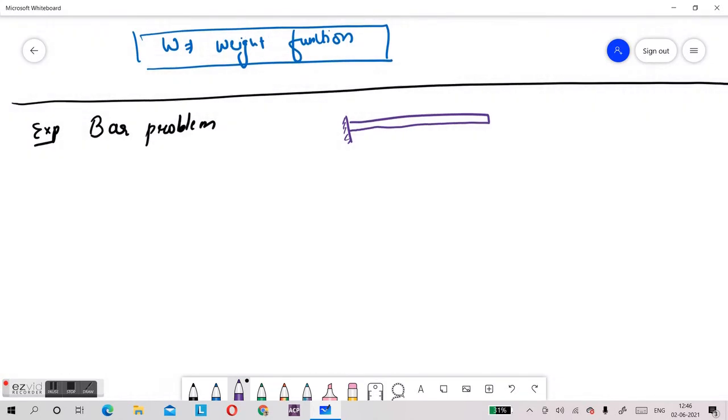The bar problem equation looks like this: minus d/dx of (A du/dx) equals q(x).